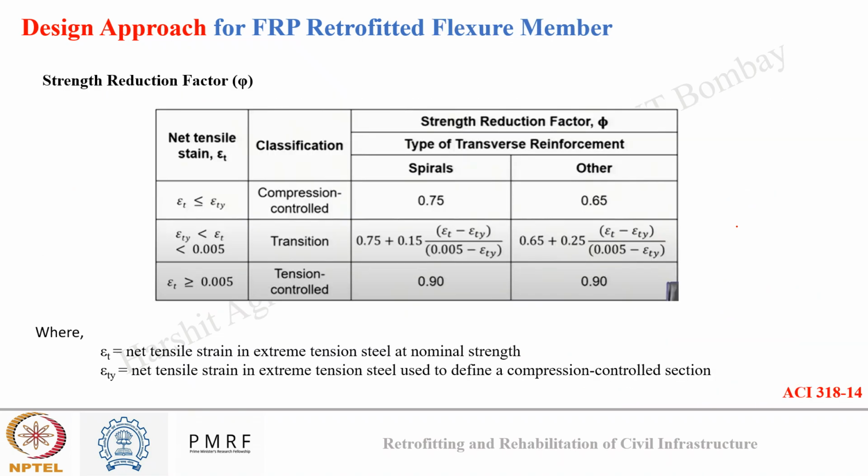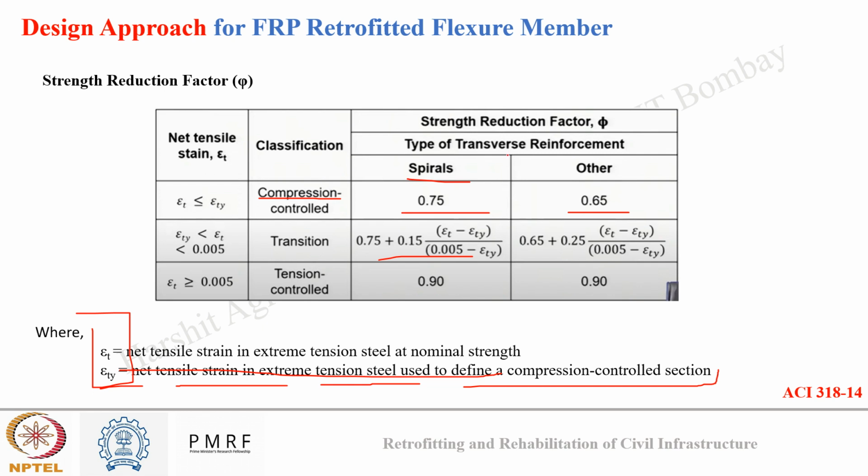Now, how do we decide the value of the strength reduction factor? It depends upon the strain at nominal strength and the type of the member. Epsilon t is the tensile strain in extreme tension steel at nominal strength, and epsilon ty is the tensile strain in extreme tension steel used to determine the compression-controlled section. Knowing these two values and how they are related, we can calculate the strength reduction factor.